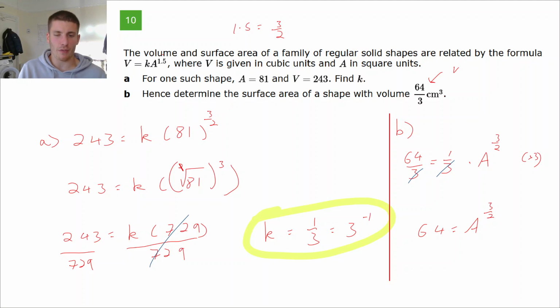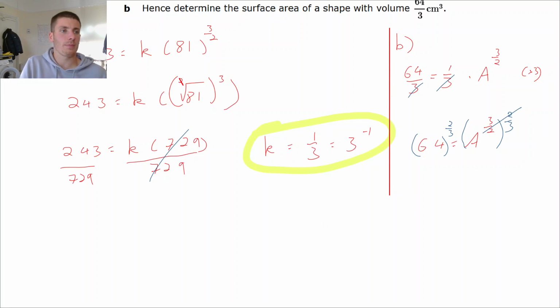And then to find the value of A here, what's the opposite of putting to the power of 3 over 2? The opposite is to do the power of 2 over 3 to both sides, because then these cancel, which is good. And we're left with A being equal to 64 to the power of 2/3.